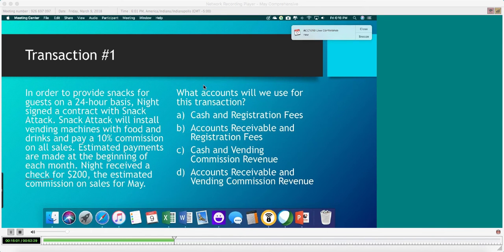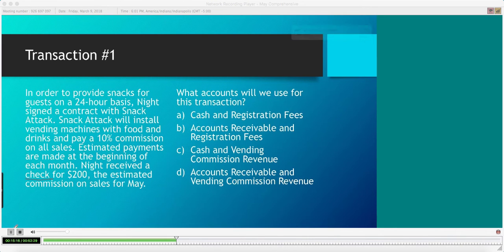I'm sorry, that's going to be cash. If it's on account, it's going to be accounts receivable or accounts payable. But since we received that check, it's going to be cash. So that automatically eliminates B and D. So in this case, it is C.